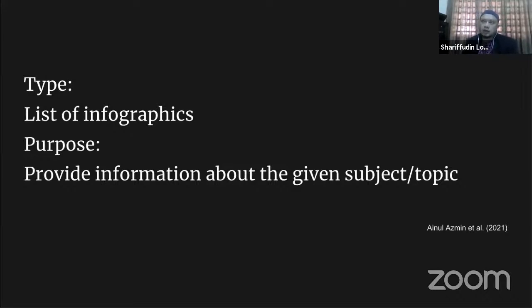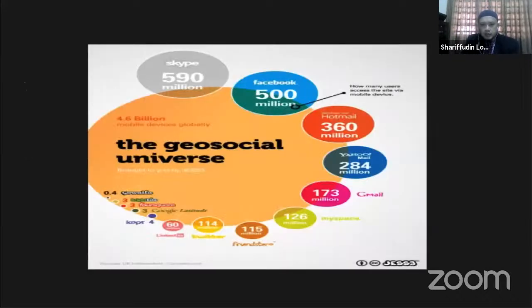So a lot of people or organizations find it much easier to share a lot of information by having infographics. Okay, so it is to provide information about the given subject and topic.